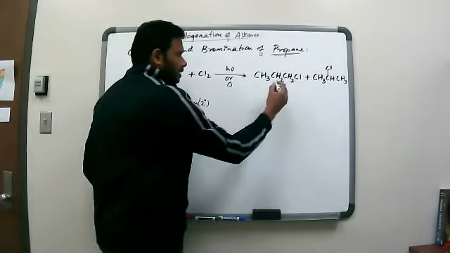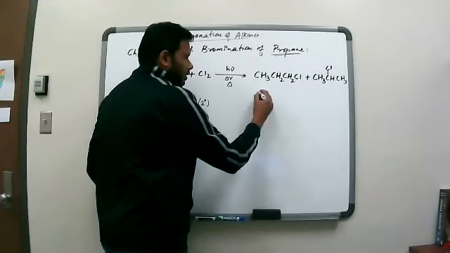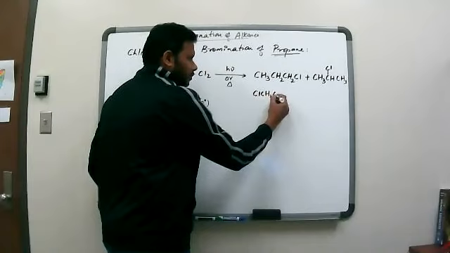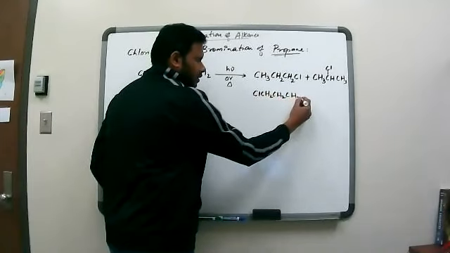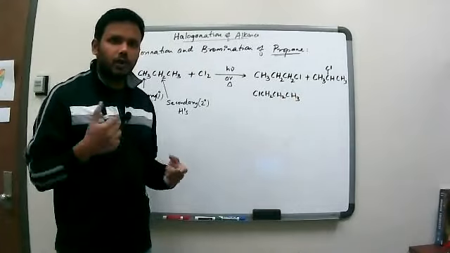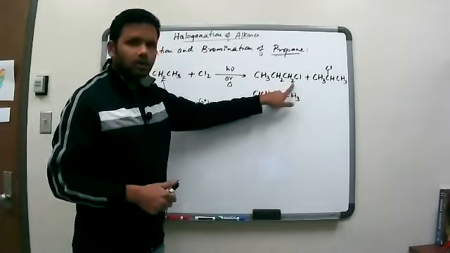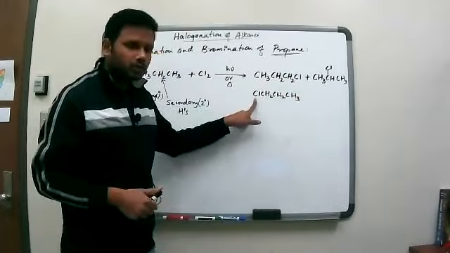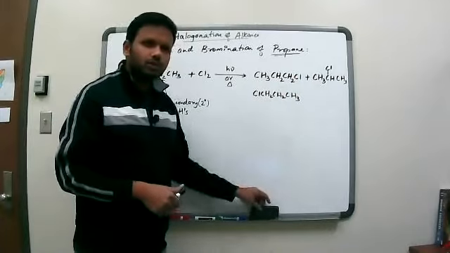Also realize that whether I write the product like this or like this, these two are the same molecule, because now that we know nomenclature, this is 1-chloropropane. This is also 1-chloropropane. That is 2-chloropropane.